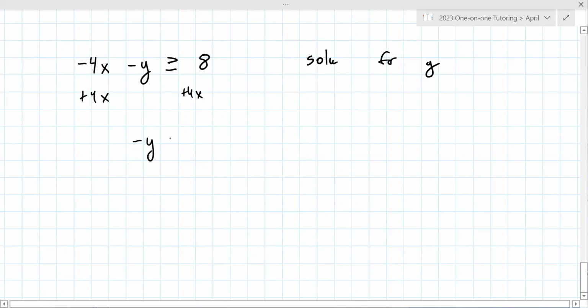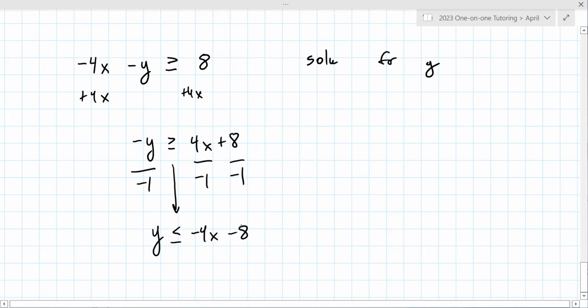Do you have minus y greater than or equal to 4x plus 8 for the first, just the starting point? Yep. And you're going to divide everything by minus 1. Did you also do that? Yeah. What does that do to the inequality? It flips it. So now it's less than.